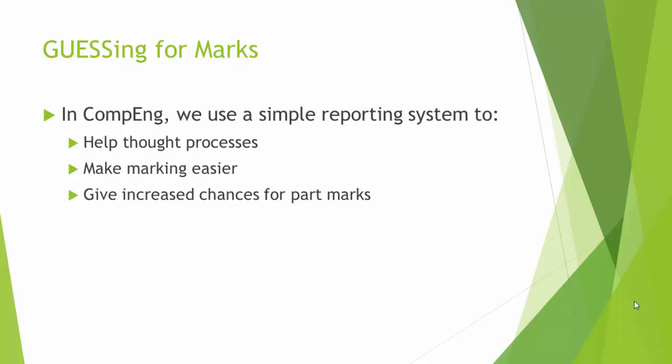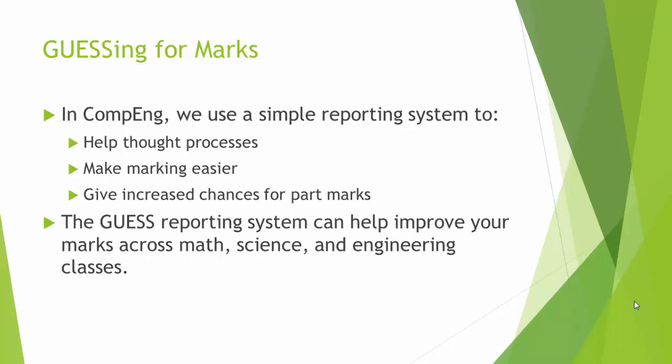It's going to make marking easier for people reviewing our solutions. And again, a benefit to you, it's going to give you increased chances for part marks in the unlikely scenario that you'll report an incorrect answer. So the GUESS reporting system can improve your marks across math, science, and engineering classes.